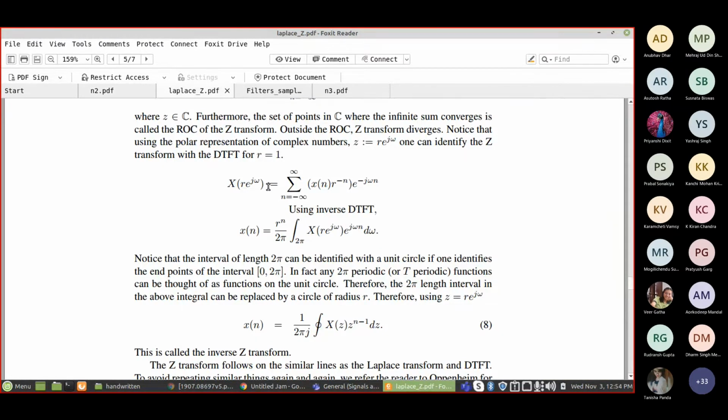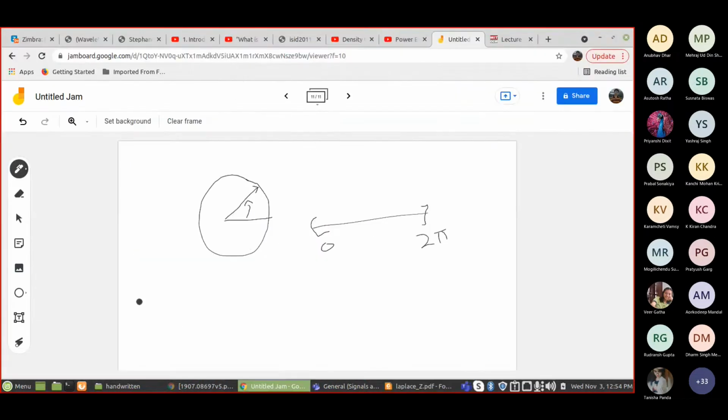Let us understand why that is so. This x of n times r to the power minus n, we want this to converge, so we choose r appropriately so that this sum converges. For example, if our signal is of this kind, a to the power n times u of n, so let's take a causal signal.